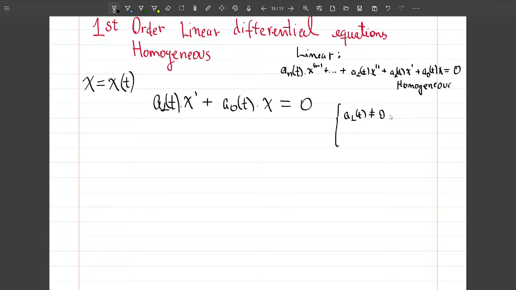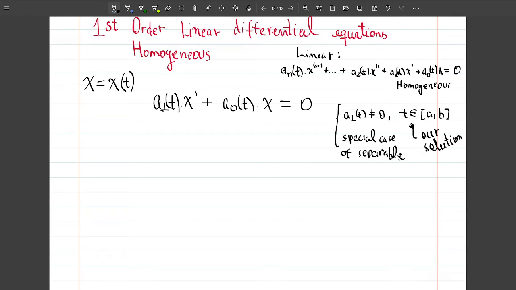Let's say t belongs to an interval (a, b), and inside that interval we find our solution. Another important thing to say for this equation is that it is a special case of a separable equation.